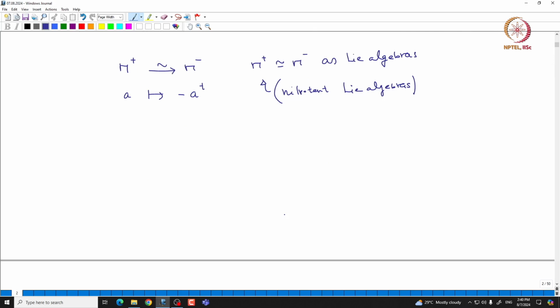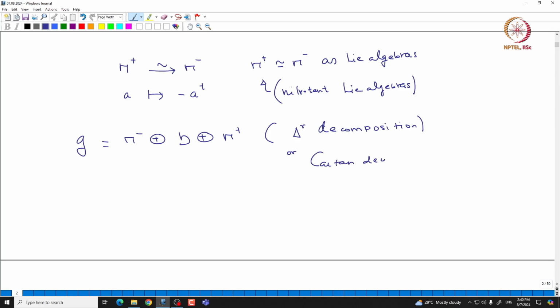This gives us the triangular decomposition. You can write G as n minus direct sum H direct sum n plus. This we call the triangular decomposition, or also the Cartan decomposition. This decomposition is very crucial for the representation theory.